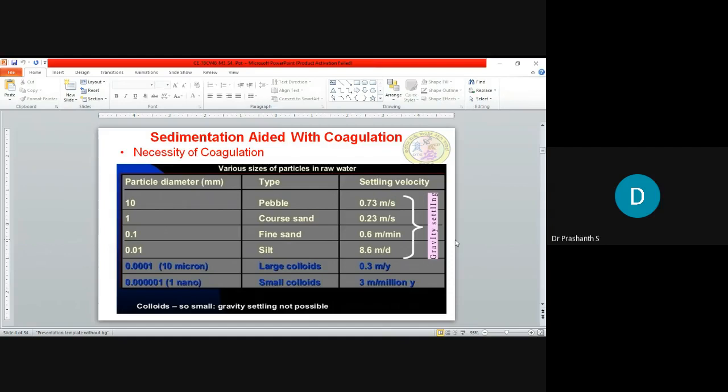They may take a lot of time, they are not going to settle so easily. And if we do not remove these particles, definitely they give turbidity in the water, and you're not going to get clear water. So the aesthetic look of the drinking water comes down.